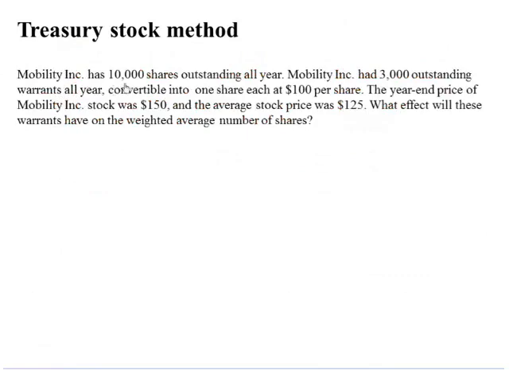Mobility Incorporated has 10,000 shares outstanding all year. It had 3,000 outstanding warrants all year, convertible into 1 share each at $100 per share. The year-end price of the stock was $150 and the average stock price was $125.